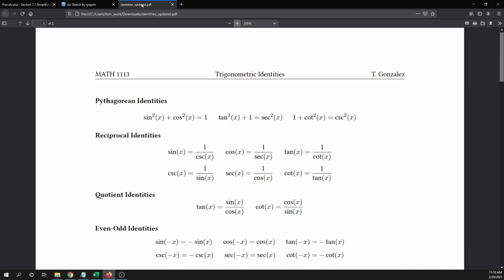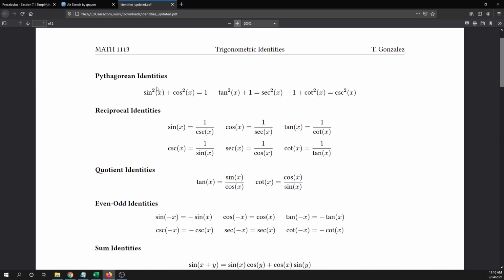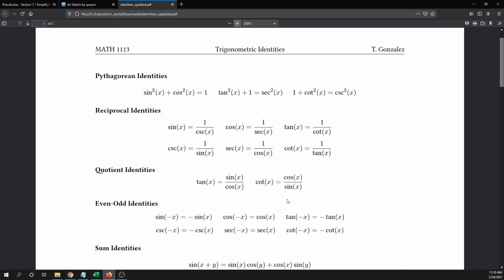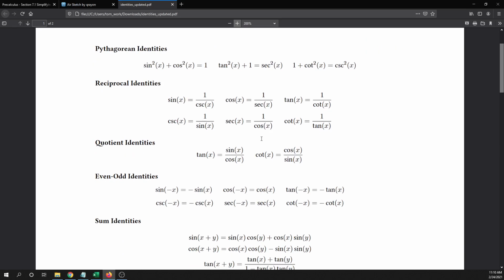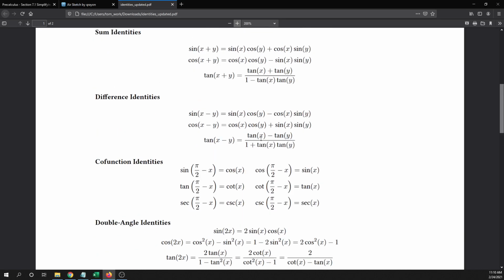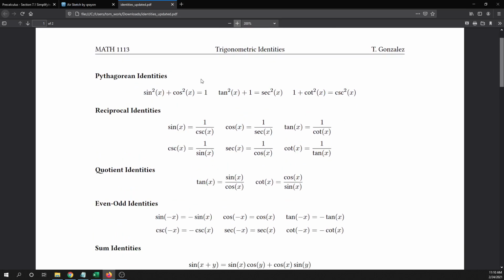So these identities here are ones that you can just assume are true. They don't need to be verified or anything like that. You just assume that these identities that we've talked about before are set in stone, and you can use these anytime you like. And we'll slowly start adding more and more identities to that list. But for right now, we ought to be able to just use these identities here at the top of the first page.